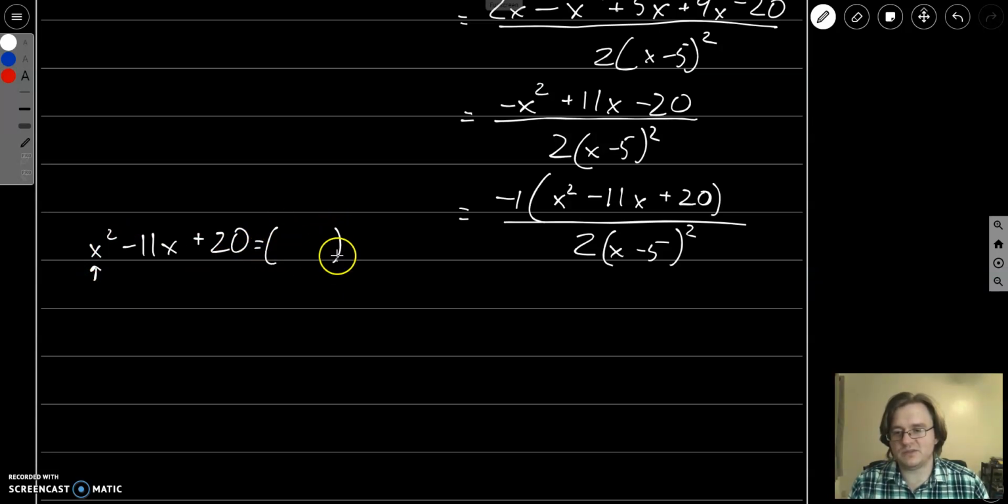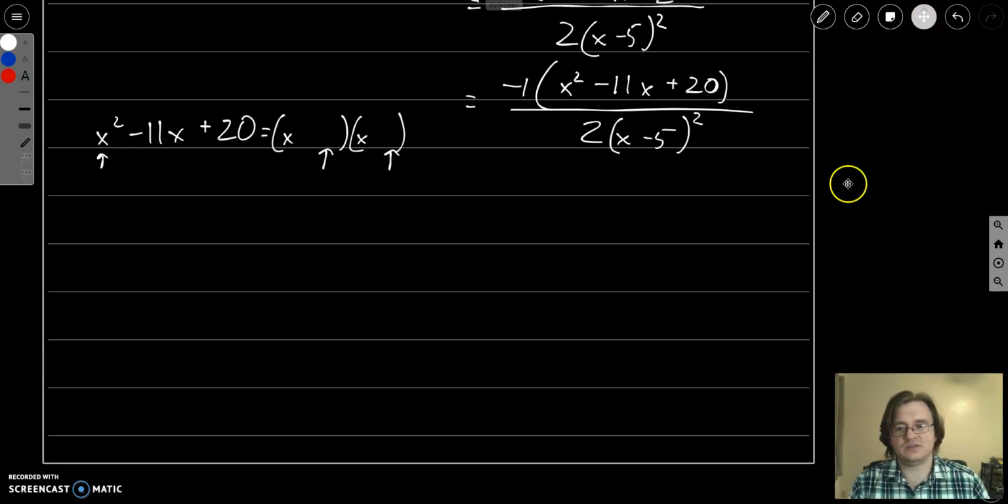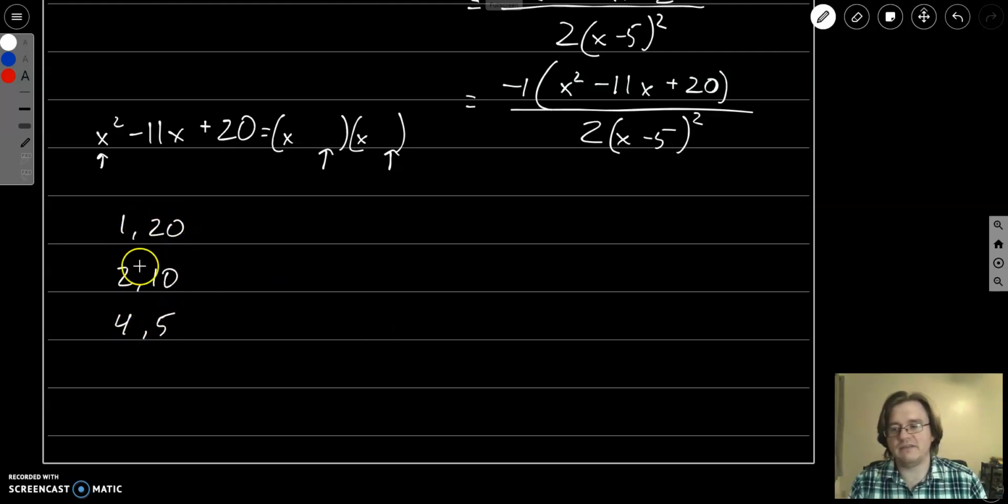If this were factorable, it would be x plus or minus something times x plus or minus something. And these two somethings will have to multiply together to get 20 and add together to get negative 11. So let's write down a little chart here. What numbers can I multiply together to get 20? I can multiply 1 times 20. I could multiply 2 times 10, or I could multiply 4 times 5, or have negative signs in front of all of them.